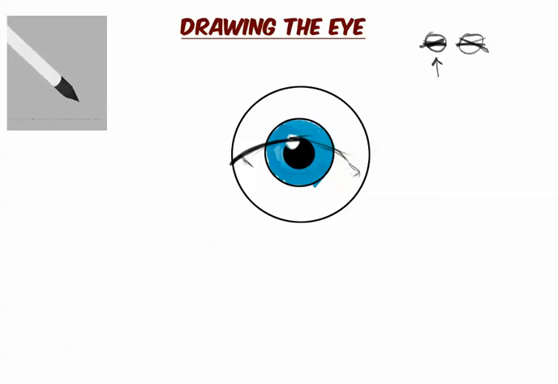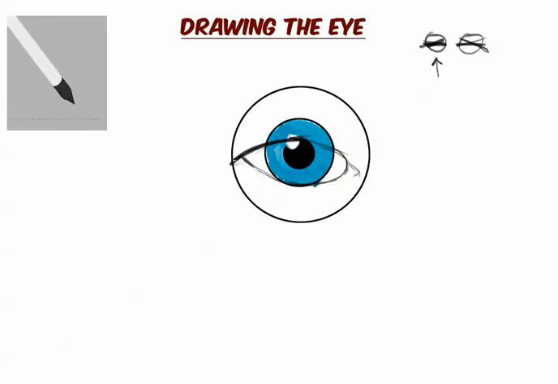So in order for the eyelids to wrap around this, they have to come in a bit so they touch the actual eyeball. Now remember, the bottom lid comes just above the bottom. That's normal right there.